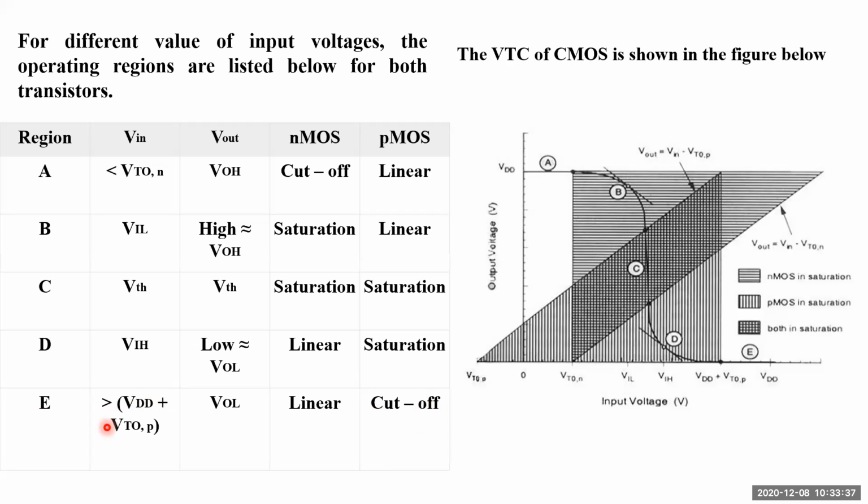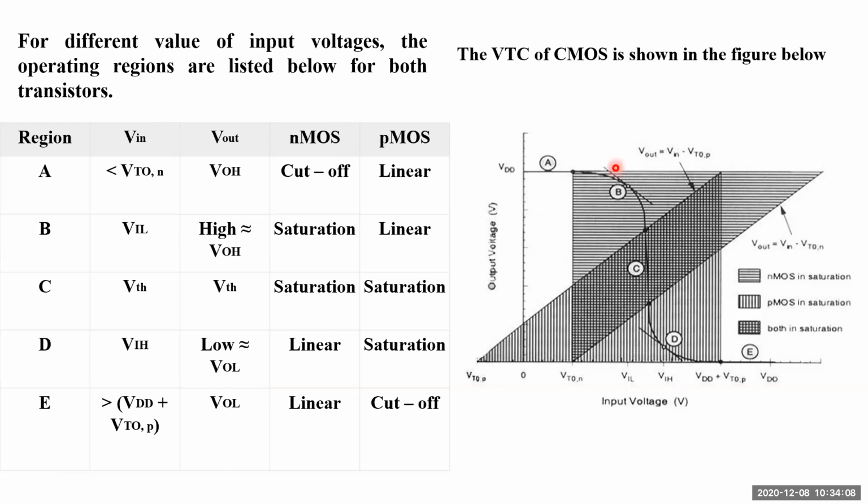Since the supplied input is much greater than VDD, it is almost equal to logic 1, so your NMOS will be turned on and working. That's why we say the NMOS is in the linear state of operation. Just look at the output part. Whenever the NMOS is working, the output becomes low because of the discharging of the charges.